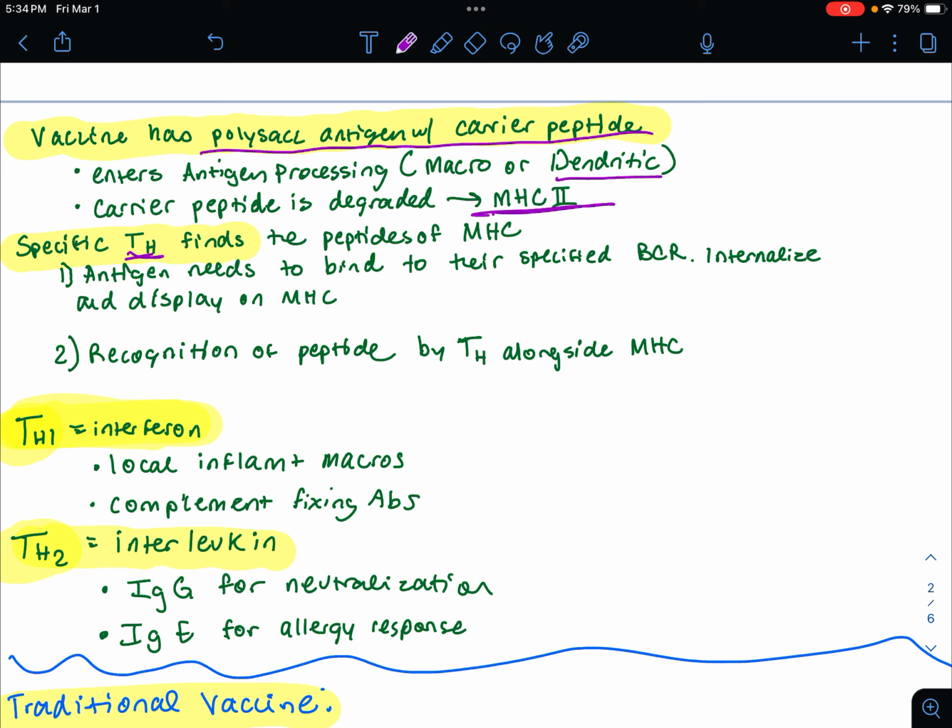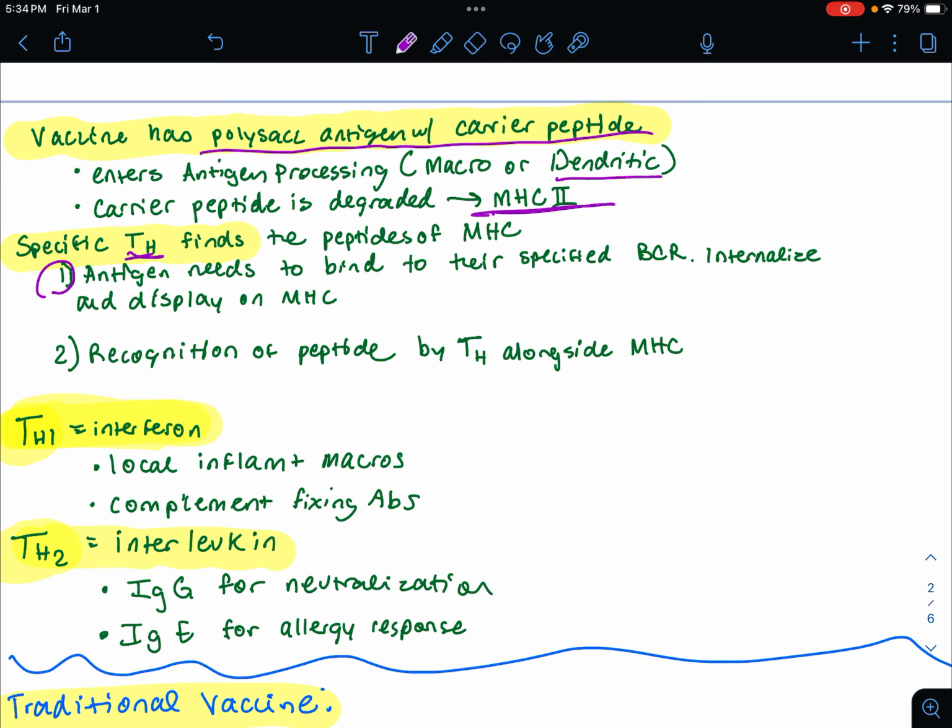The B cell requires 2 signals for activation. The first signal for the B cell is that the antigen needs to bind to the specific B cell with a receptor to the antigen. The antigen, the protein, is internalized, and the peptide is displayed on the MHC. So they need to specifically bind to the BCR, and then you're going to internalize that peptide and display it on MHC.